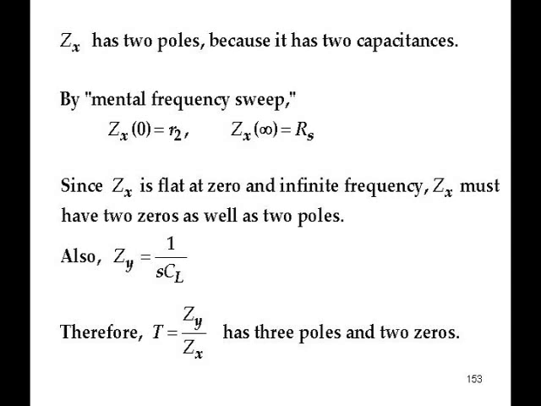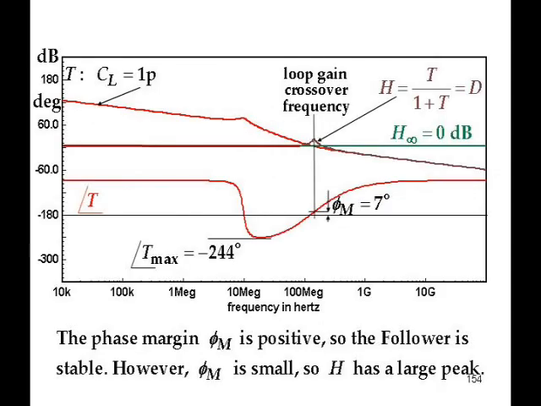Here's the answer by simulation. H infinity is 0 dB as intended. That's always the first thing we want to check. Make sure we didn't make a mistake somewhere. T, magnitude of T, this is calculated for a CL of 1 picofarad. It's got one pole at 0 frequency, so it starts out on a -1 slope.